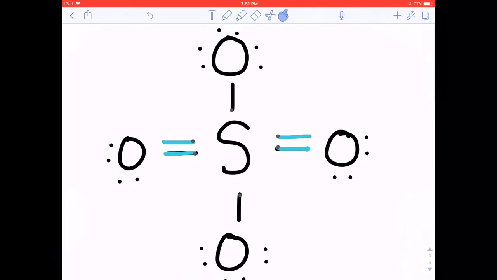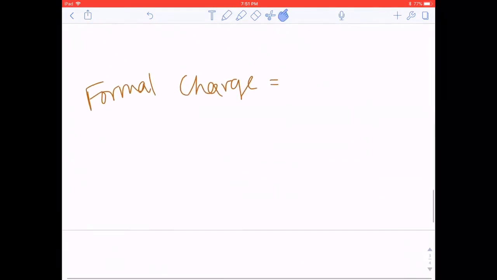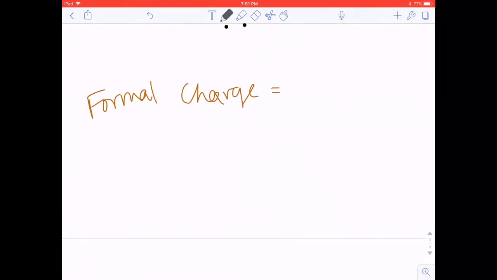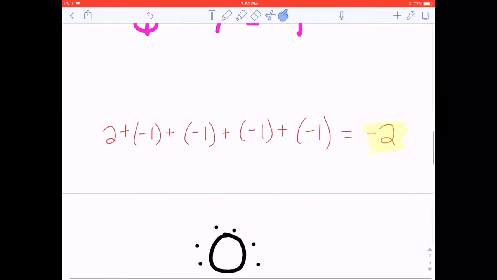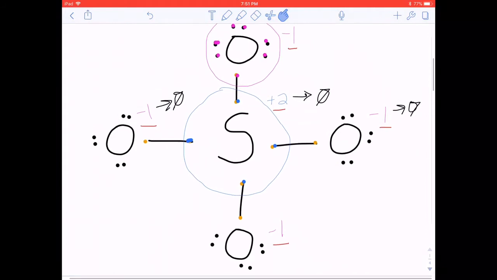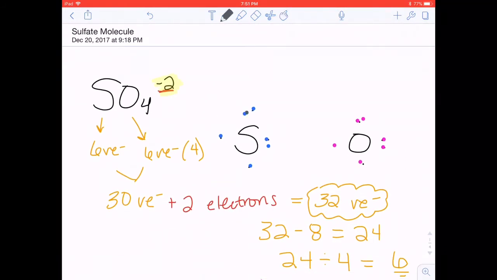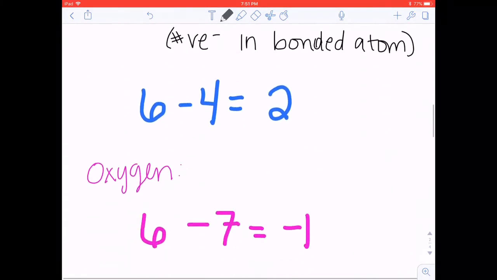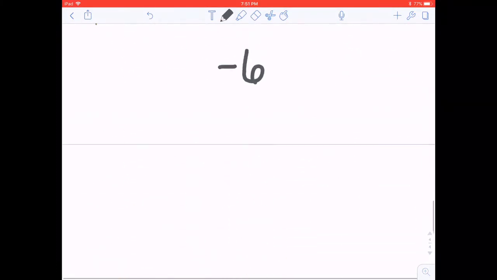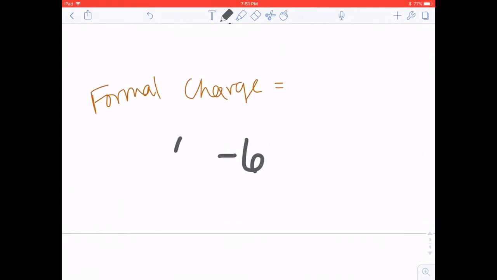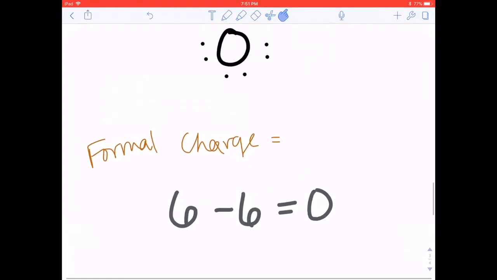So that would go after the minus sign, because it's the bonded atom. So let's go look up at the free one. And if we recount this free atom up here of sulfur, we also get 6. So that would go before the minus sign, because it's the free atom. So we have 6 minus 6, and that ends up equaling 0.